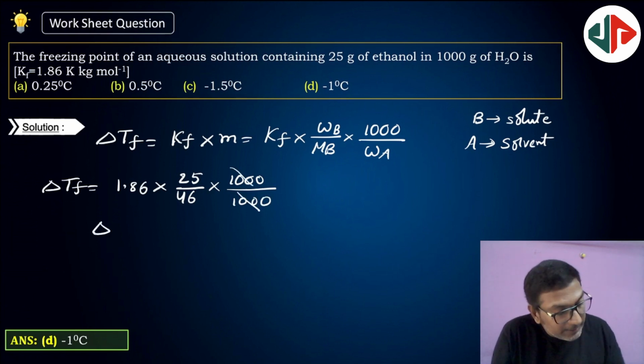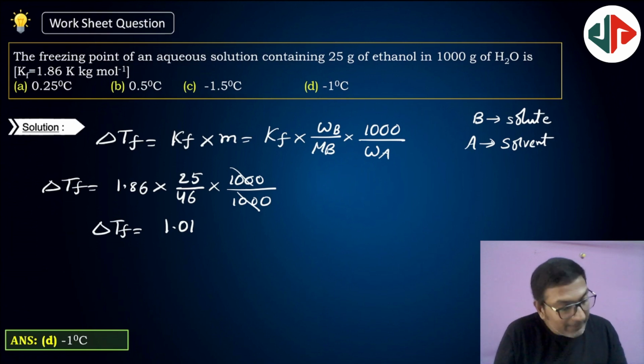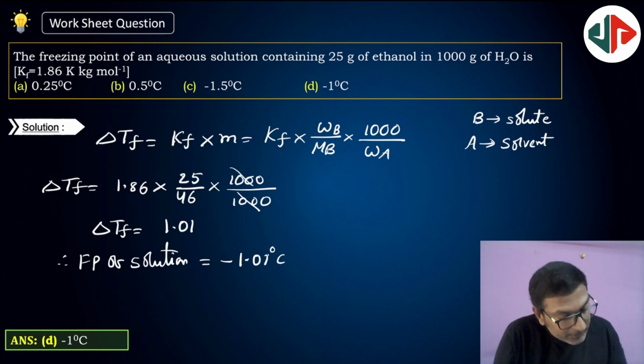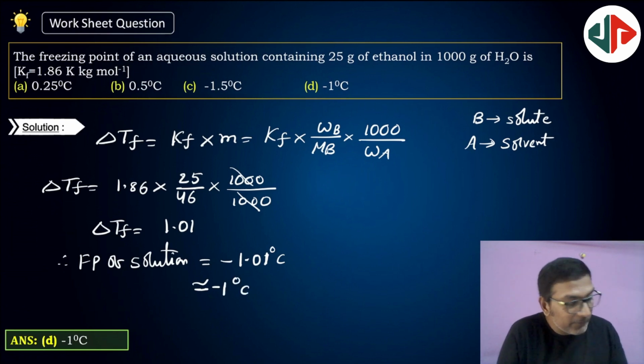So therefore delta Tf equal to 1.01. Therefore freezing point of solution equal to minus 1.01 degrees centigrade. So minus 1.01 is approximately minus 1 degree centigrade. Therefore option D, minus 1 degree centigrade.